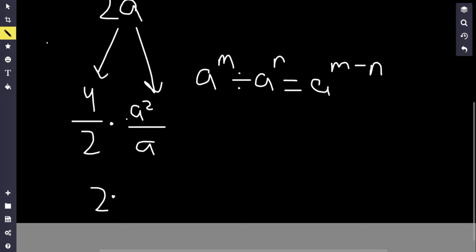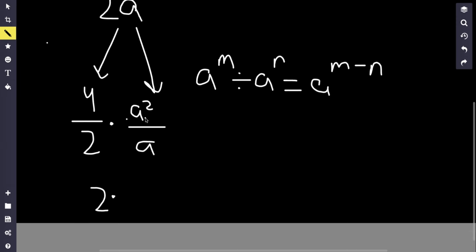For example, if you have 3 to the 4th power divided by 3 to the 3rd power, you keep the base of the exponent, which is the 3. The base of the exponent is the thing that's in front of the exponent. You keep the same base as your answer, and you subtract the exponents. So 4 minus 3 is equal to 1. That's just a simple example.